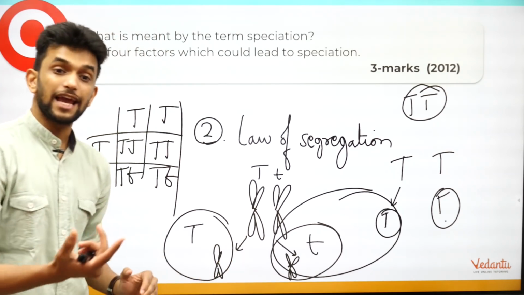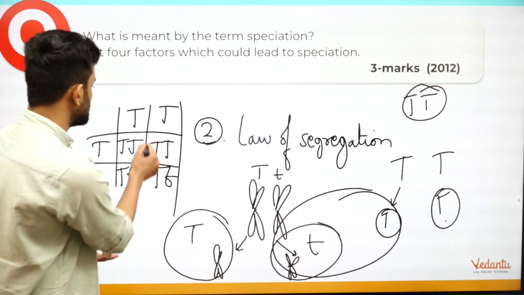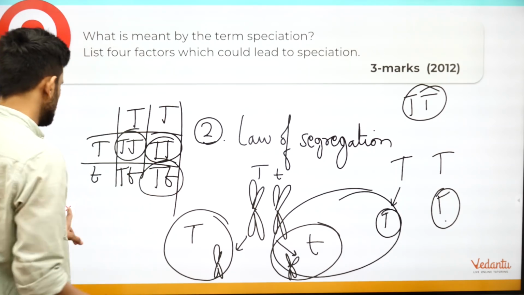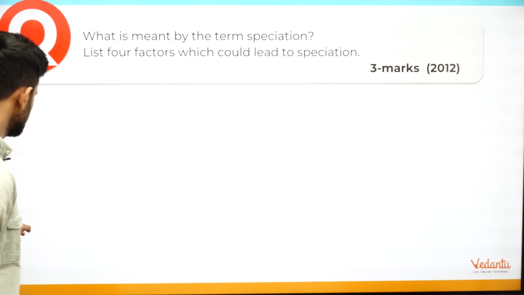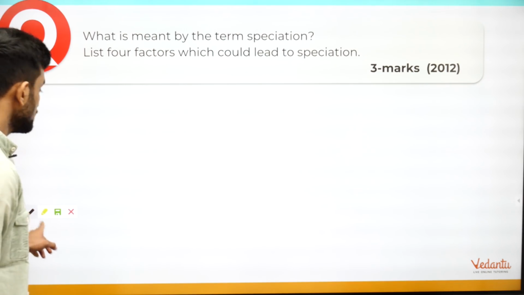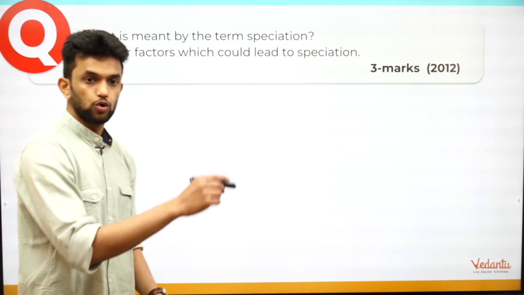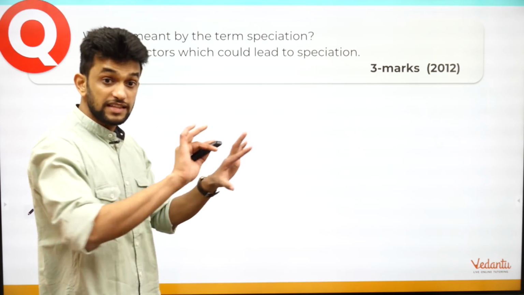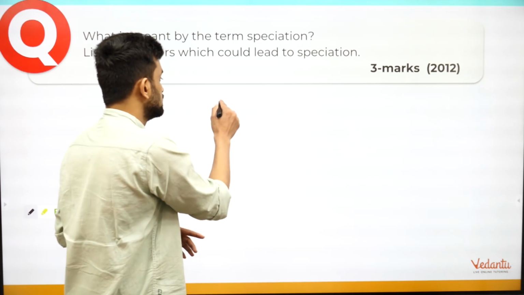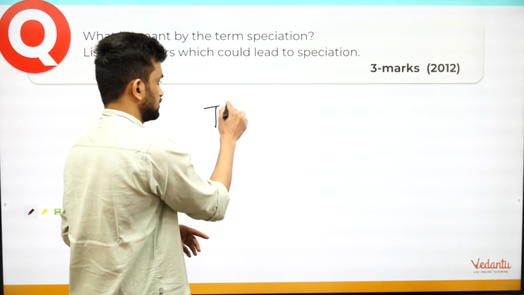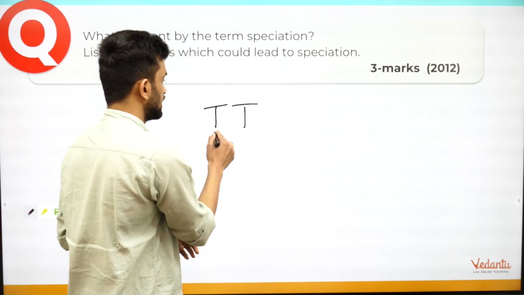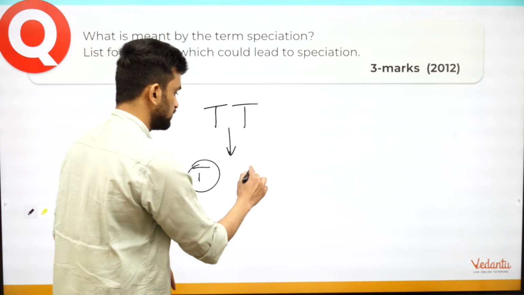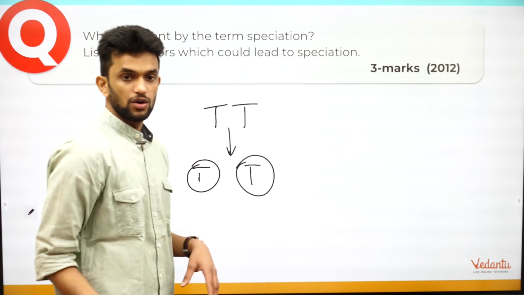So the new baby can have any of the characters. The new baby can be pure tall, or a hybrid tall. People, I think I am able to make you understand. And law of segregation means the alleles get separated at the time of gamete formation.